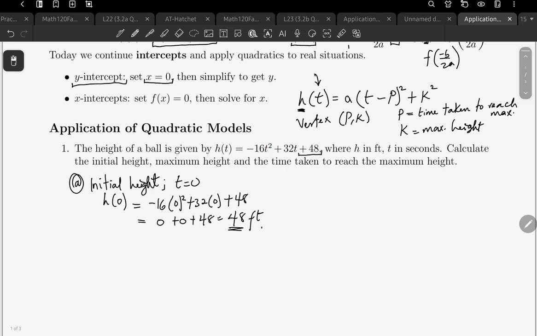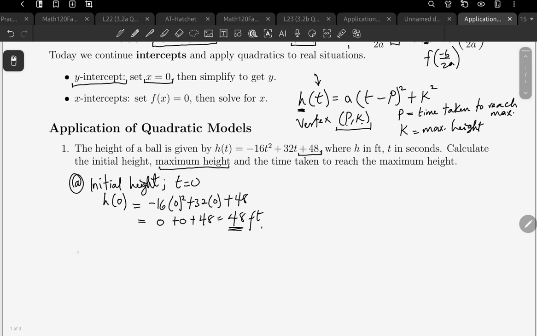The second thing is maximum height. I've told you the maximum height and the time taken to reach the maximum height is simply the vertex, where p here is the time taken to reach the maximum height and k is the maximum height itself.